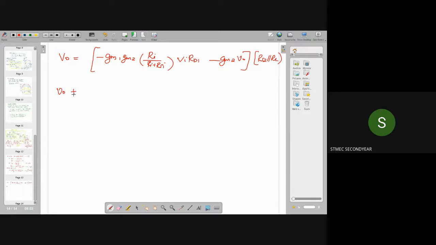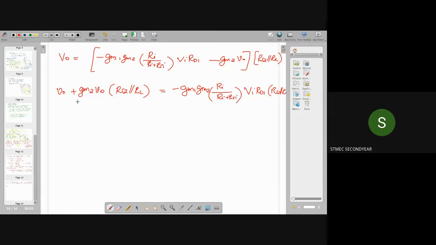So I'm taking to the left side, that is this minus will become plus GM2 into V naught into RS2 parallel RL, right, is equal to minus GM1 into GM2 into Ri divided by Ri plus Rsi into Vi into Rd1 into this Rs2 parallel RL, right?